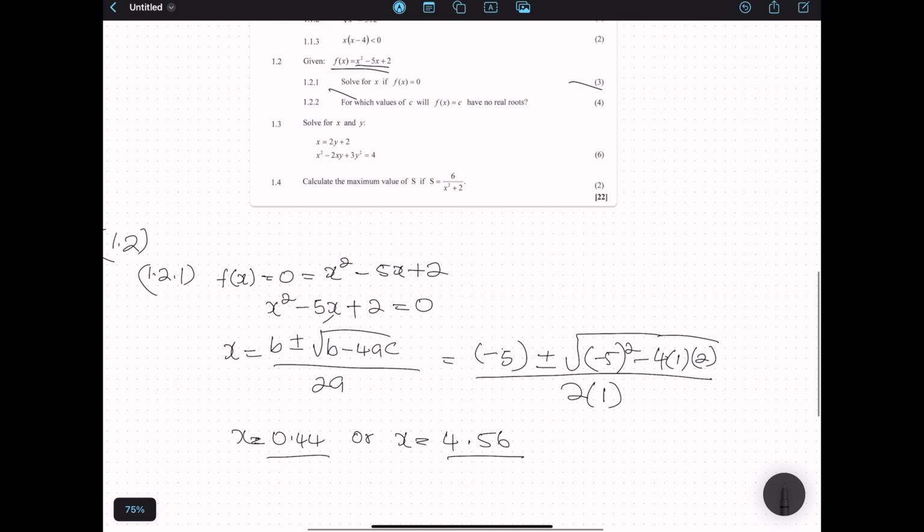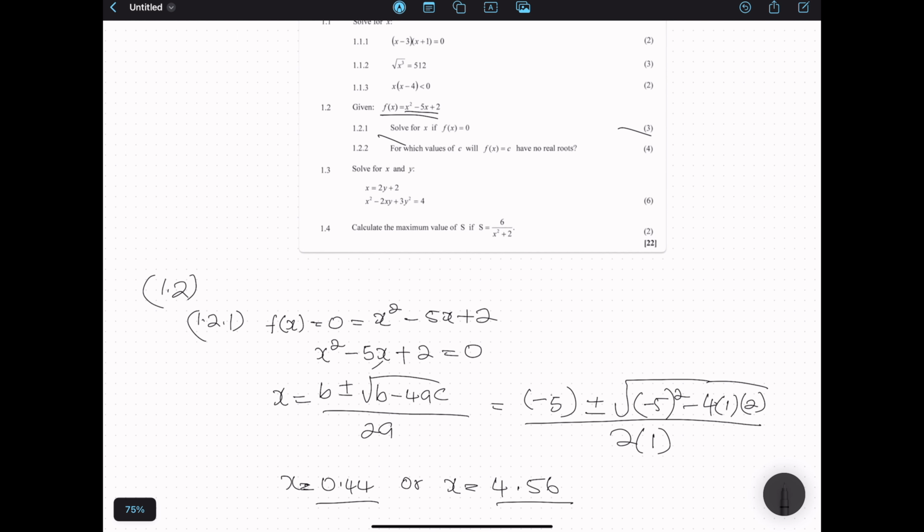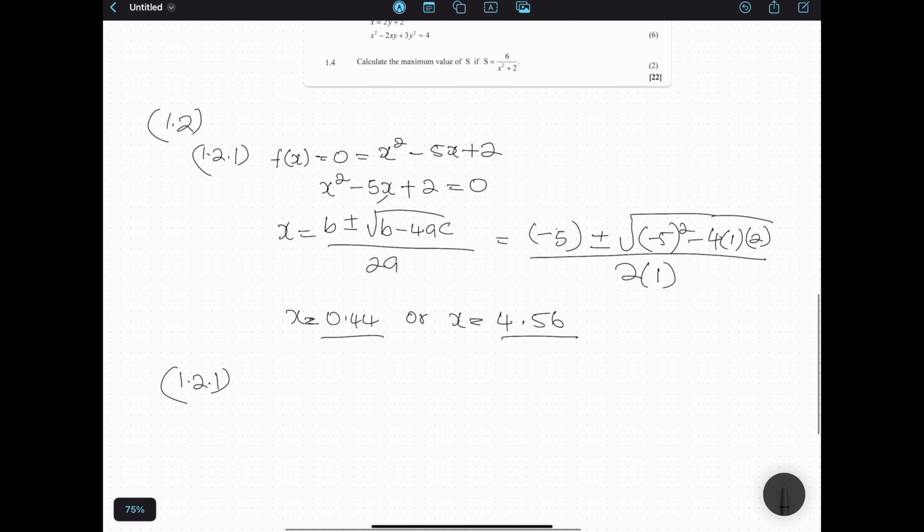Now 1.2.2, which is kind of interesting. They are asking which values of c will f(x) equals c have no real roots. So the first thing, you have to write f(x). Our f(x) is x squared minus 5x plus 2 equals c, and it will have no real roots.